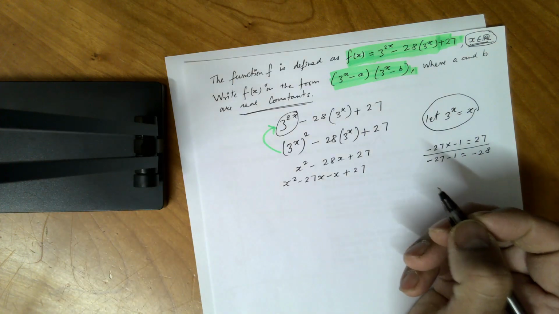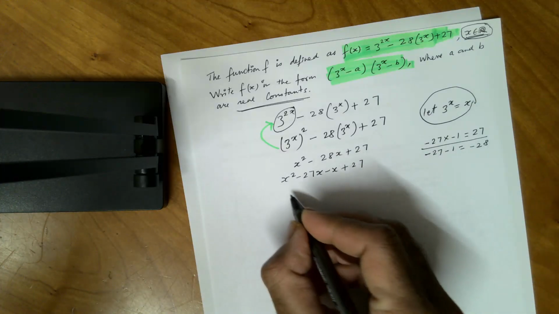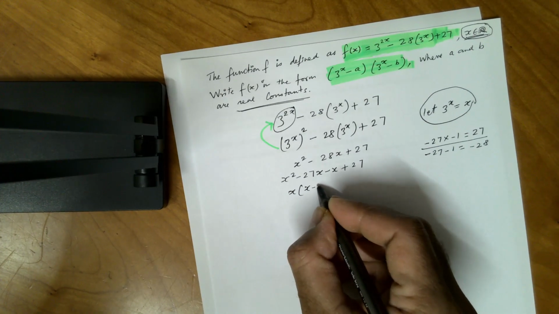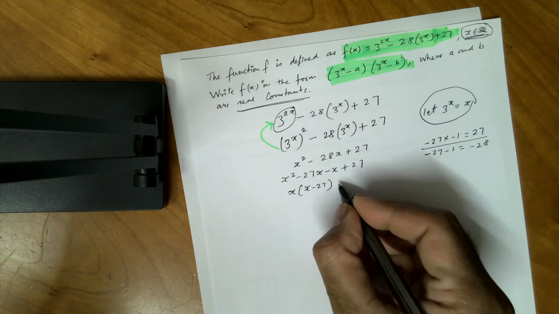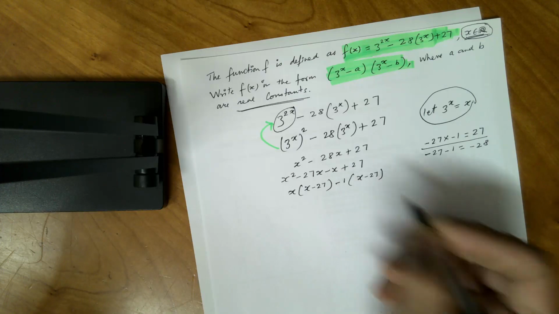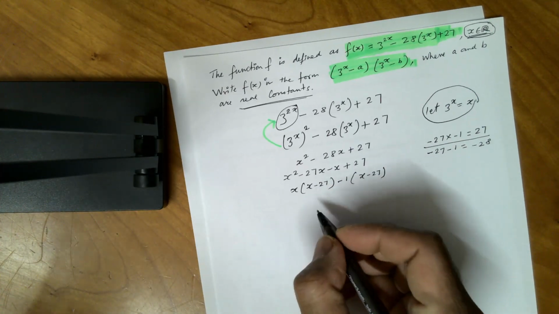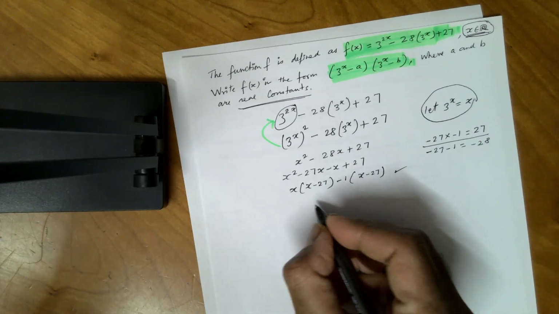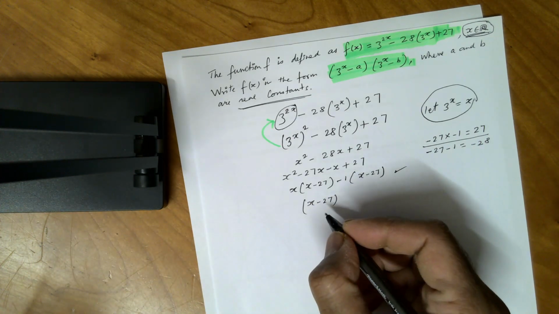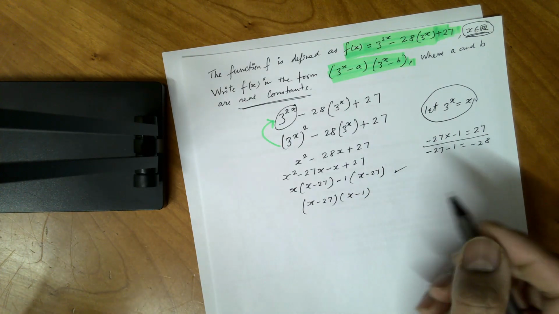So you got this simplified: you got (x minus 27) and also (x minus 1), right?